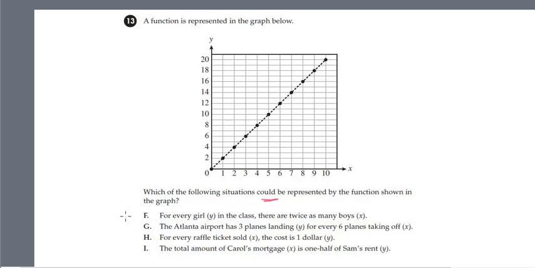So this first one says for every girl Y, so this is saying the girls are here, in the class there are twice as many boys. Well, that doesn't make sense, because as this goes up along the y-axis with the girls, there are less boys, so that can't be it.